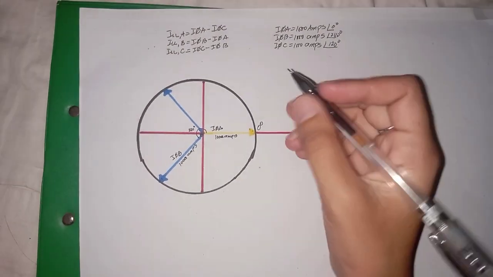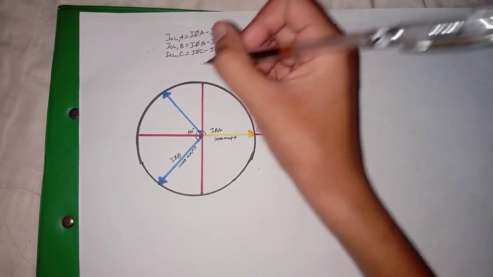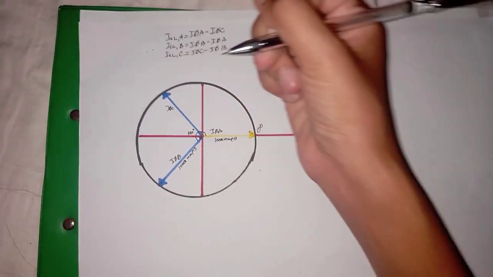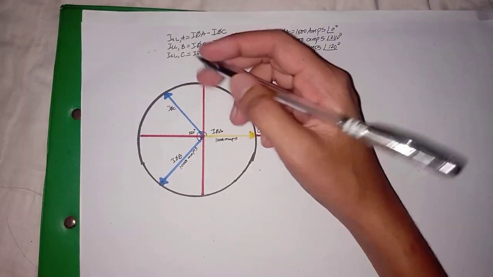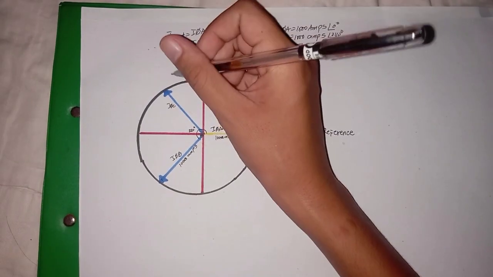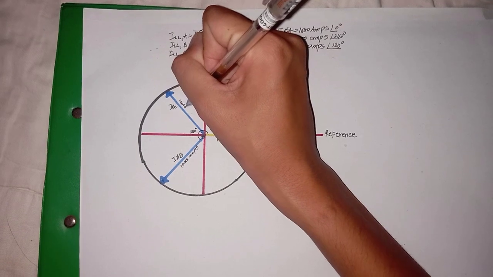And lastly, this phasor here is our phase C current. From the origin to the tip here is 1000 amps.